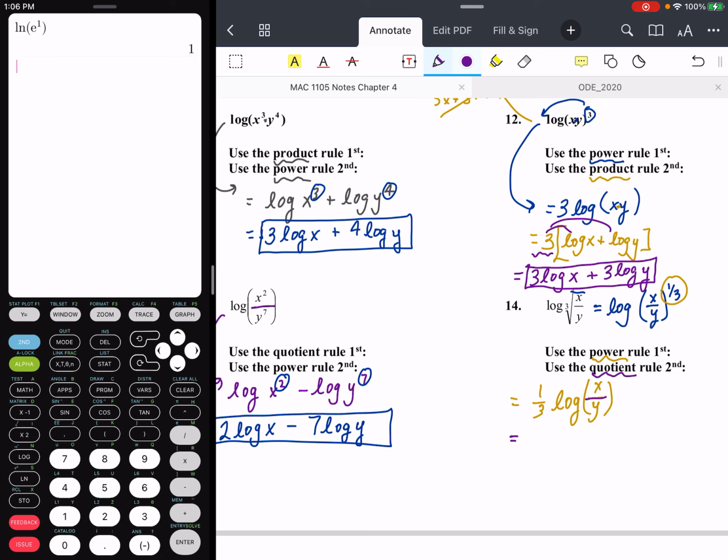So the quotient rule, I'm going to subtract. I have my coefficient 1/3 on the outside. I'm going to write those brackets. Log of x minus log of y. And I can go ahead and distribute that 1/3: 1/3 log of x minus 1/3 log of y.